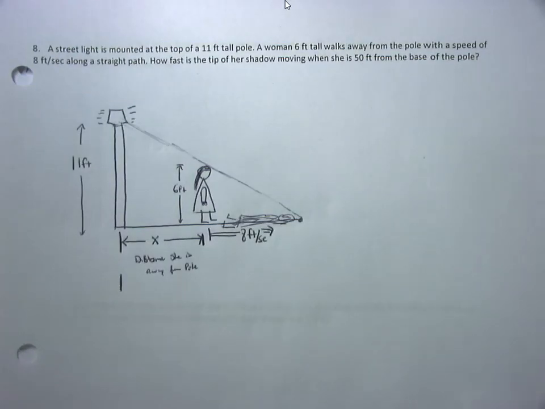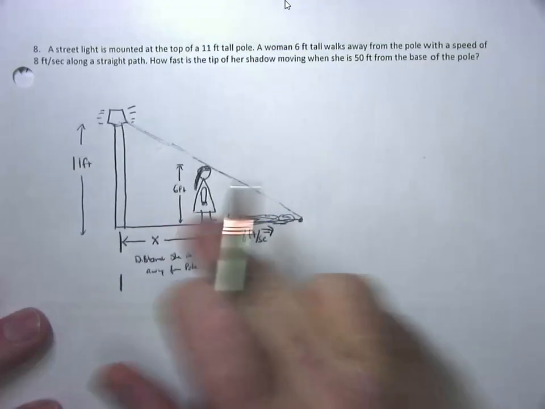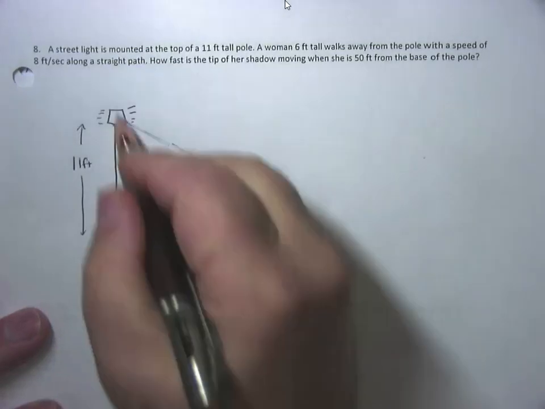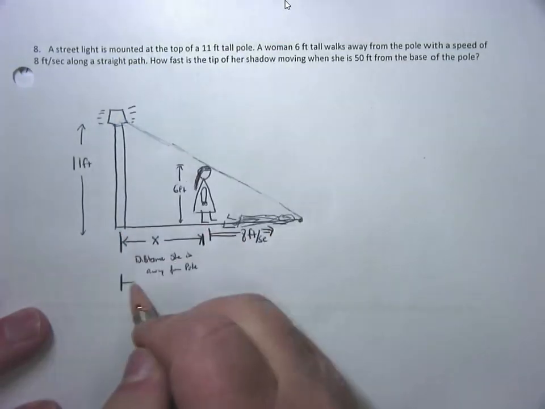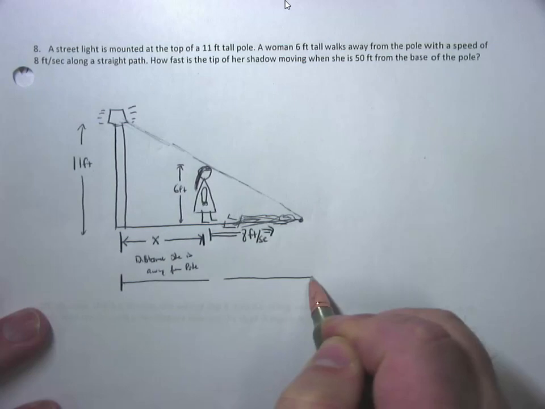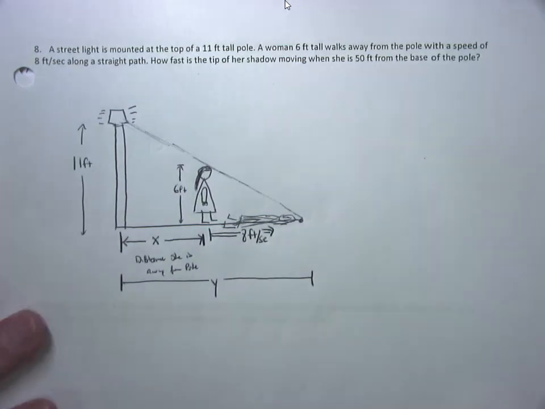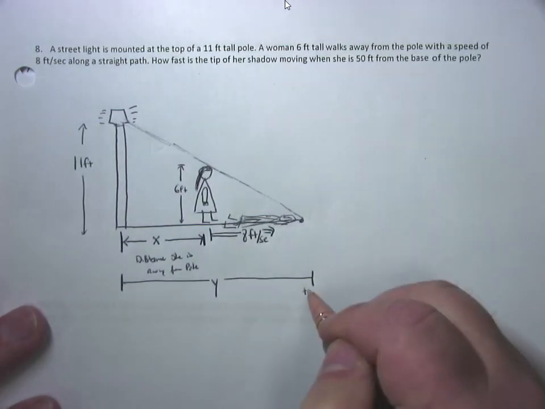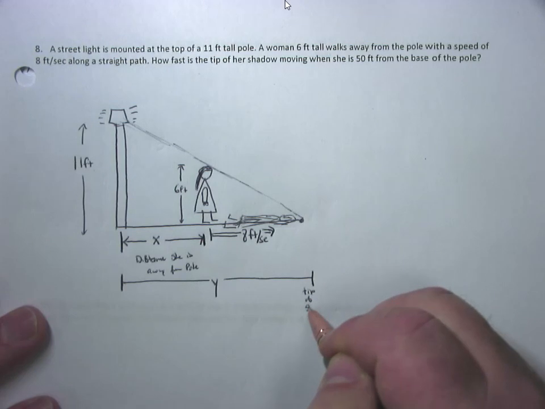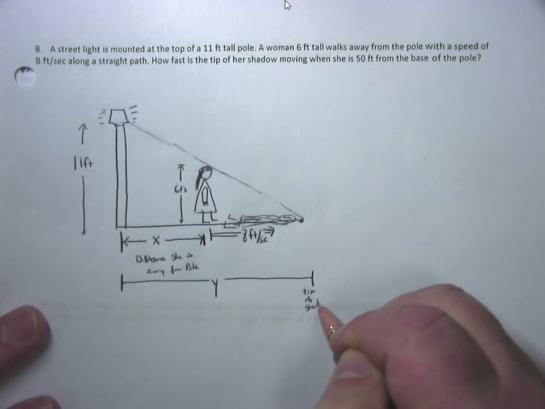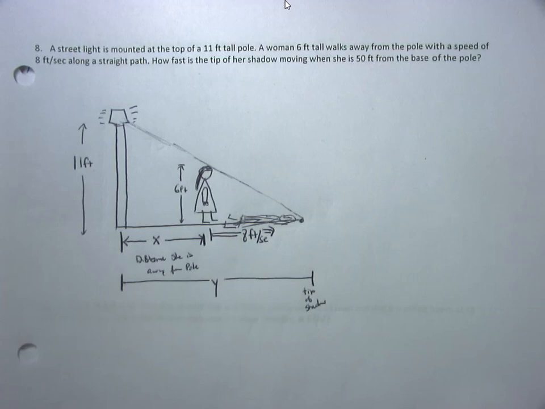But once the light gets behind you or in front of you, then you start casting shadows. So once she starts moving away from the light source, she starts casting a shadow. But the shadow would have started right here. So I'm going to call this variable Y, and this is the distance to the tip of the shadow. Does that make sense?